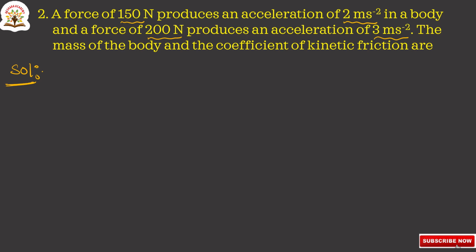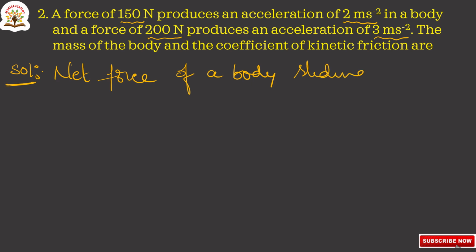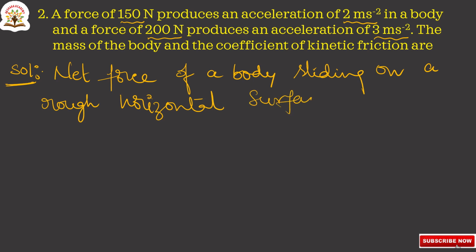Here net force of a body sliding on a rough horizontal surface, F net equals F minus Fk.